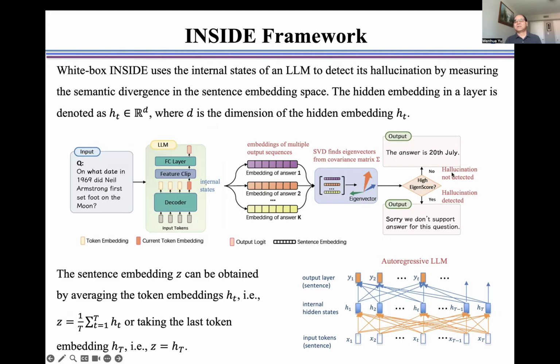The sentence embedding Z can be obtained by averaging the token embeddings H_t as shown here. Namely, Z is a sum of H_t, or taking the last token embedding H_T as shown here.